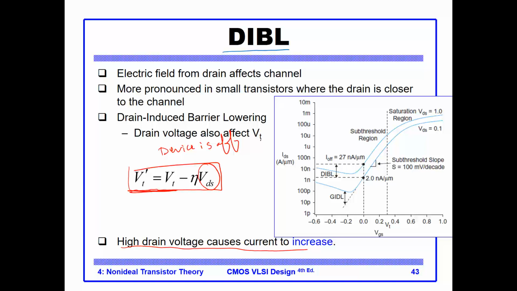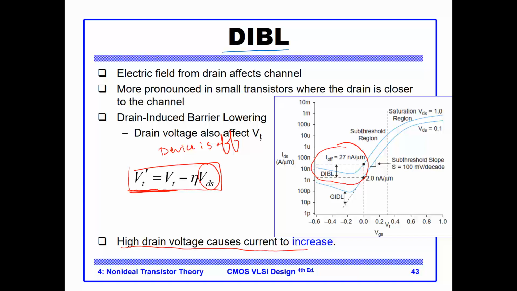Now, drain induced barrier lowering affects the leakage currents, which we will study in the next lecture. The leakage currents are the currents that are leaked by the device when it is off, and for one of them, the subthreshold current, we see that the DIBL, which is the drain induced barrier lowering, increases the leakage current.